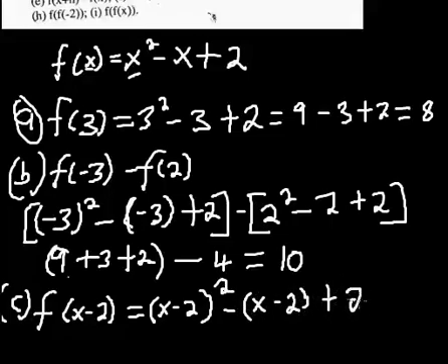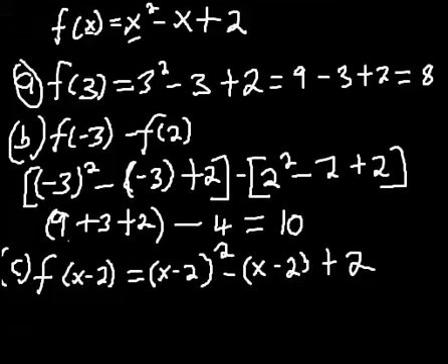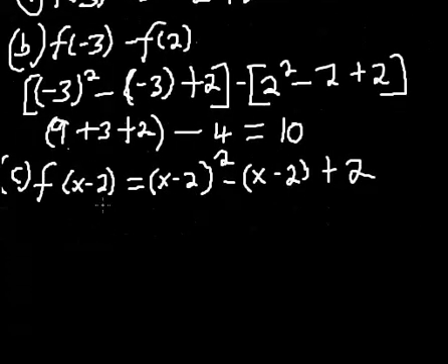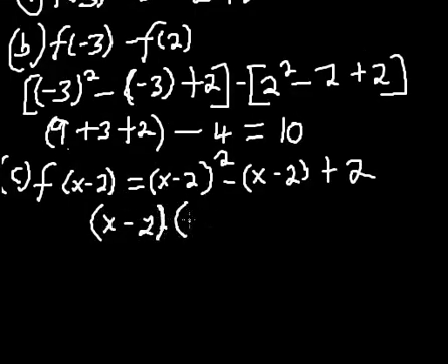All right, so here we have to expand this bracket. Remember, x minus 2 all squared is x minus 2 times x minus 2. Now the question is, how do you expand this? Some of you know that if you want to expand this, simply write the brackets and multiply the two brackets.